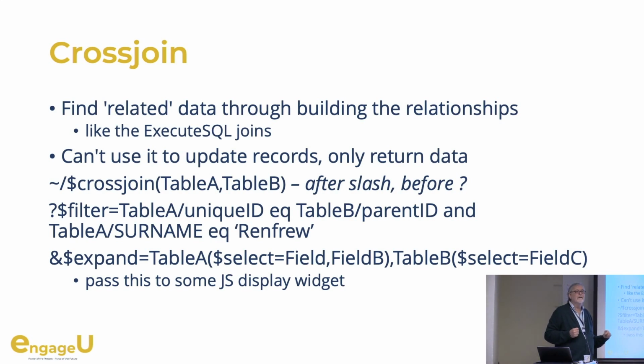Roman? What's the context here? Will it return the record from table A and table B, or will it be like a full outer join? It's like an inner join, so it will return any records in the first table where it's my surname, but it will also expand it so that there's any records that are in the second table that are linked to my surname, based on this particular search.